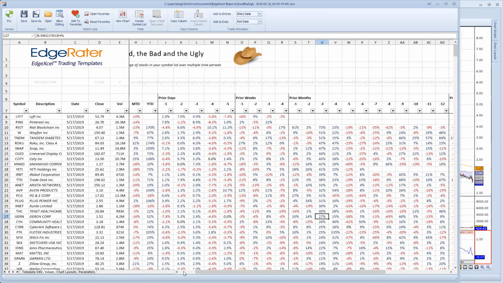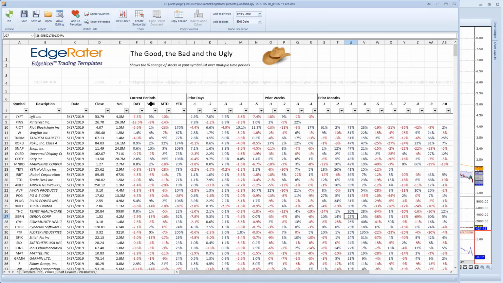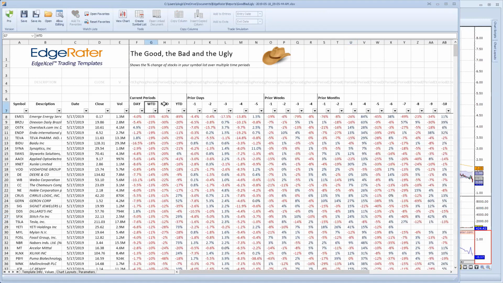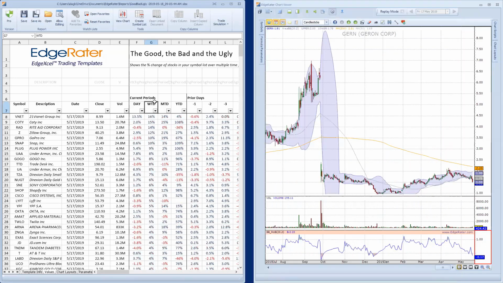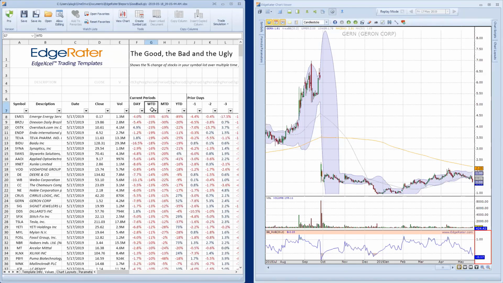Let's take the week to date and see what stocks didn't perform so well last week. You'll note that in the best performers, the highest performing stock was VNet with a 16% gain. But the worst performing stocks, and there's quite a few of them, have more than a 16% loss.